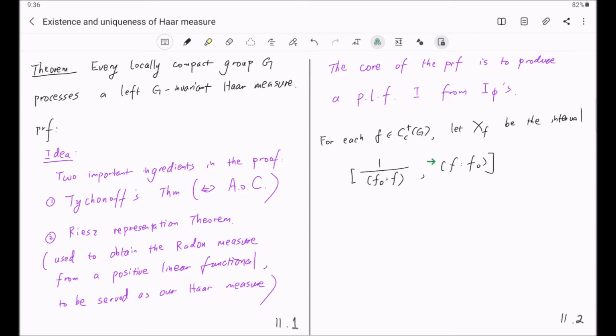It is not compact simply because we write it in this way, but because of something we prepared at the very beginning. So let me emphasize this. X of f is non-empty and compact. The key part is that it is bounded. It is closed and bounded, so that it is compact.